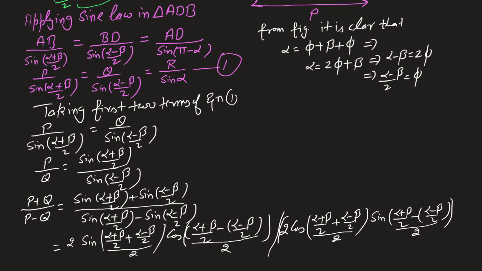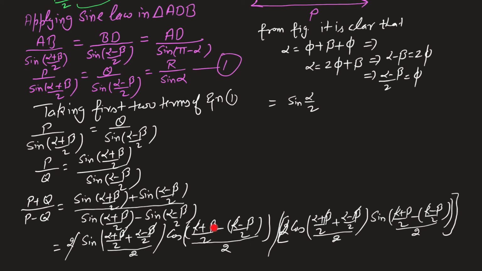You could write it into this one. This 2 to 2 will cancel out, this beta to beta will cancel out, this alpha to alpha will cancel out, and here beta to beta will cancel out, alpha to alpha will cancel out. So this will be further equal to, now see, alpha by 2 plus alpha by 2 will be alpha, divided by 2, so it will be sine alpha by 2.